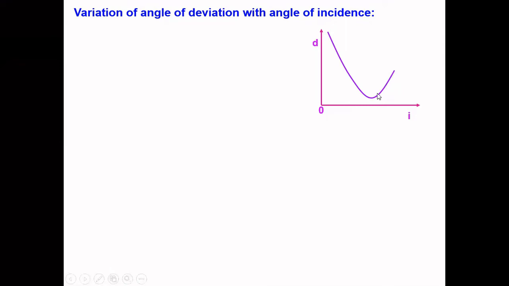Now, wherever we have the angle of deviation minimum, whatever angle of incidence we get there, we will be having an I value, no? For that I value, the angle of emergence also will be the same. That means I will be equal to E. So when I is equal to E, the angle of deviation will be minimum.